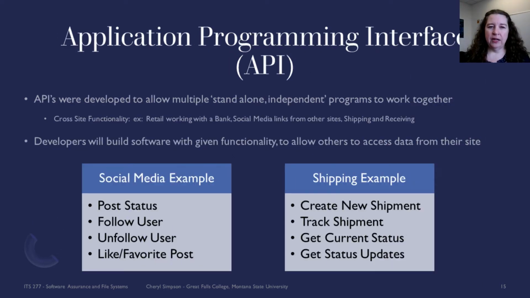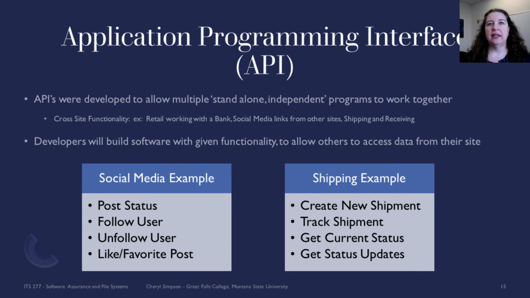A lot of software is built with data and information in it. So if you were to build a standalone independent piece of software, then you have clients that want to be able to tap into that software, be able to get the information out of it. And those companies will now create what's called an API, an application programming interface.